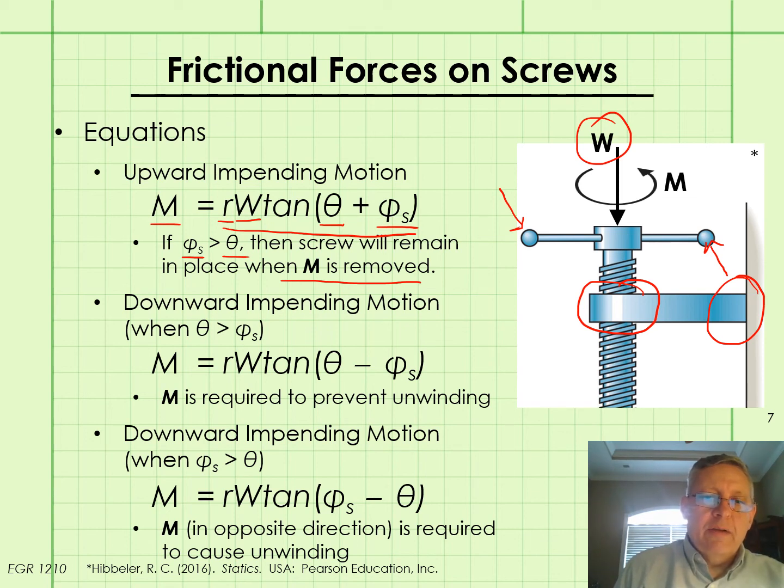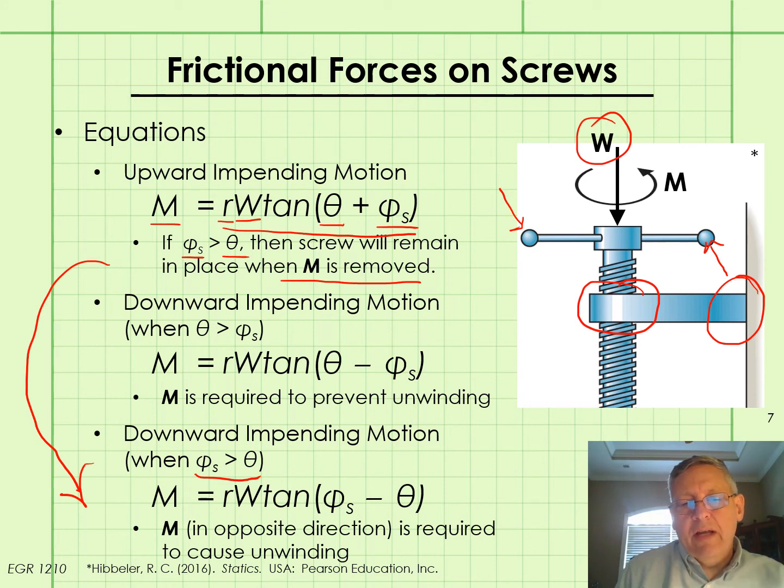So along those lines, let's skip the middle equation and drop down here to the third equation, which is where you have the situation where the screw is self-locking, meaning that the angle of static friction is greater than the lead angle of the screw. So you're trying to find what moment is required to lower the screw in the collar, thereby causing the weight to lower.